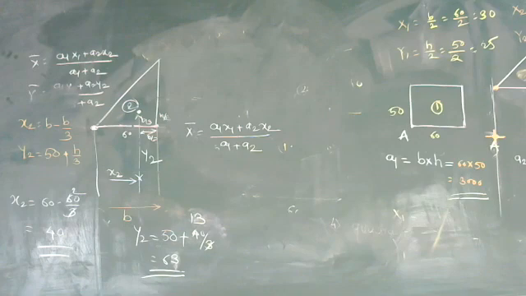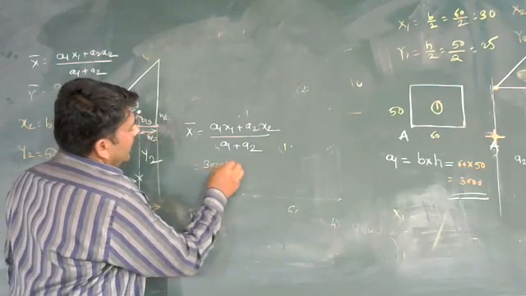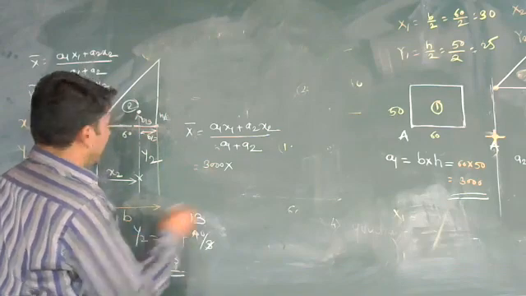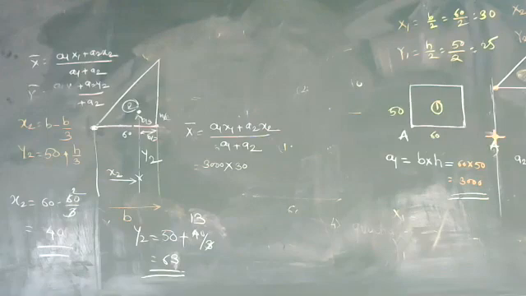So what is the A1? A1 is 3000 into x1 was how much? 30. You might have written this. x1 was how much? It was 30 maybe.